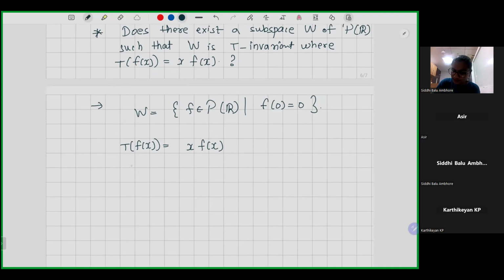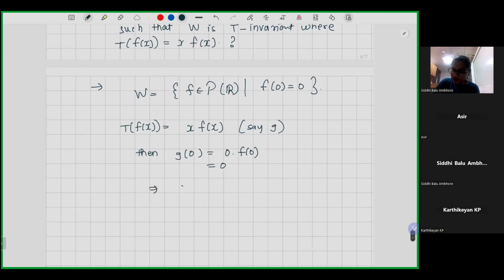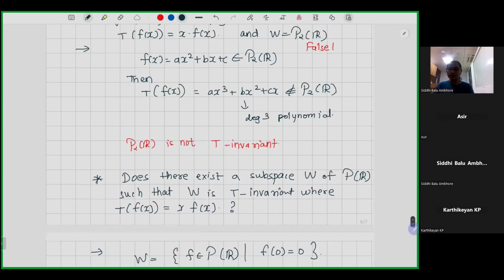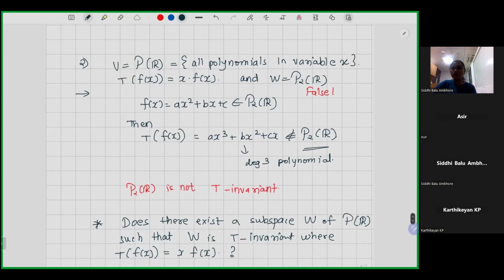Let us give some name to this, say g. Then g(0) is 0 into f(0), which is 0. So this g equals x f(x), which is nothing but T of f(x), belongs to our W. So yes, this subspace is actually T invariant, but P2(R) was not T invariant under this T in P(R).